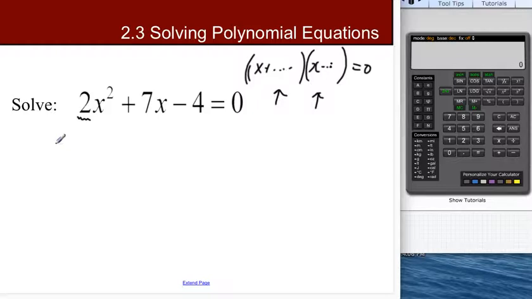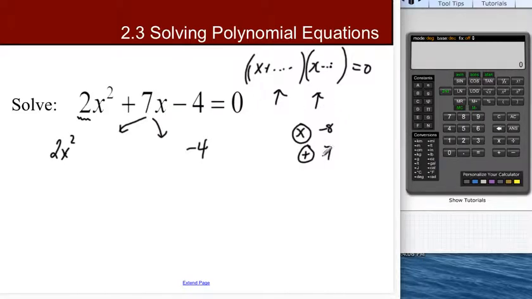In decomposition, we replace the middle term with two numbers. We take the first term, multiply it by the last term, so I'm looking for two numbers that multiply to -8 and add to 7.